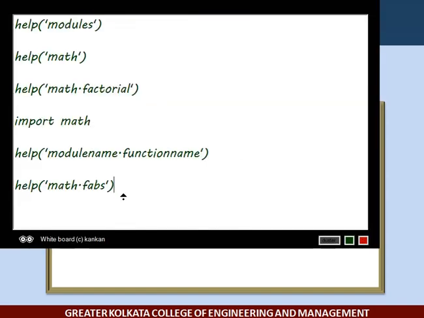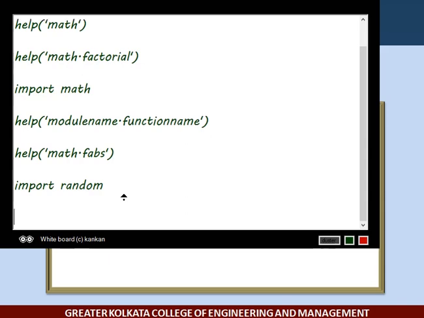We have to import the random module, import random. Clear? Only the module name will be changed. Here it will be random, that will be the random module. Okay, clear?